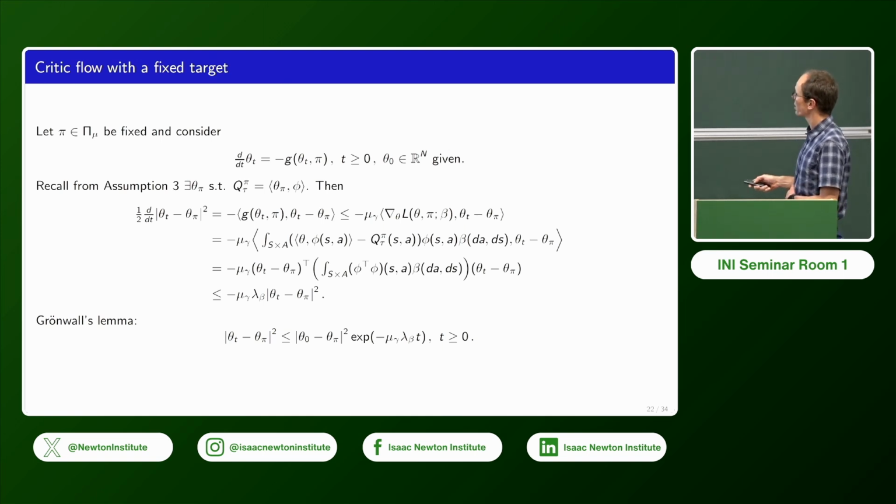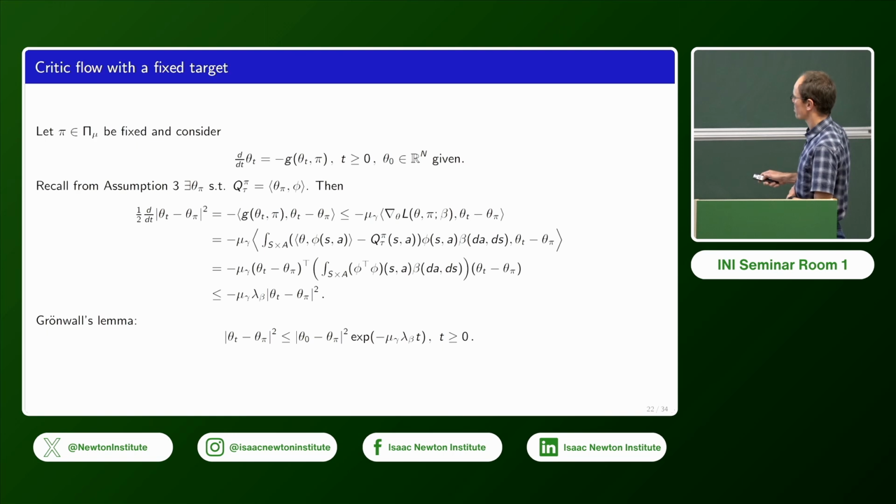So does that work? Well, I look at the difference along the flow to the thing that I'm looking for. I calculate with chain rule. I then use the lemma on the previous slide, which connects it to the loss function. I write out what things are, and I see that the matrix for which I have a minimum eigenvalue condition appears.